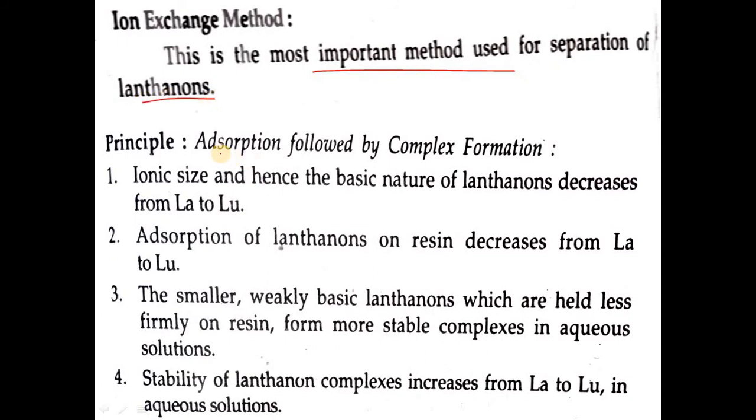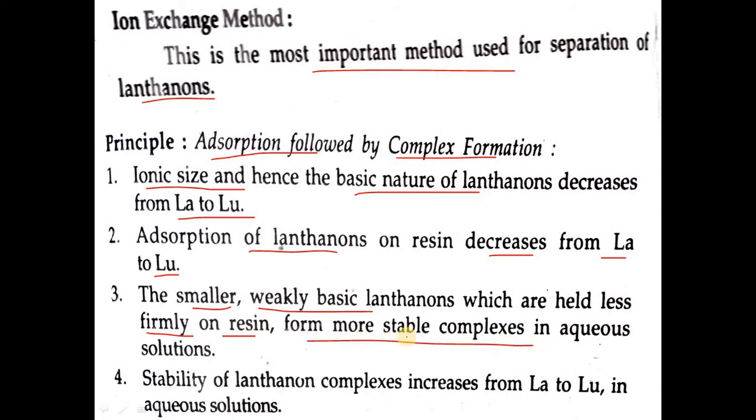First we will see the principle of the ion exchange method: adsorption followed by complex formation. The ionic size and hence basic strength of lanthanides decreases from lanthanum to lutetium, so adsorption of lanthanides on resin decreases from lanthanum to lutetium. The smaller, weakly basic lanthanides, which are held less firmly on resin, form more stable complexes in aqueous solution.